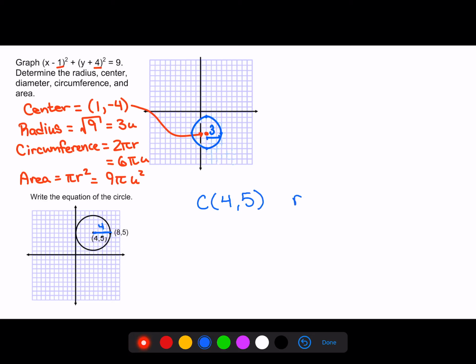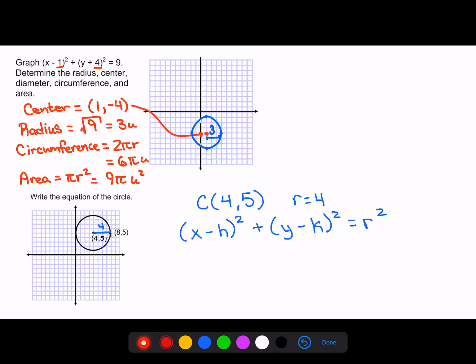Let's go ahead and write that down as well. Lastly, we plug it into our equation. Our equation, (x minus h) squared plus (y minus k) squared equals r squared, where h, k, and r are all numbers.